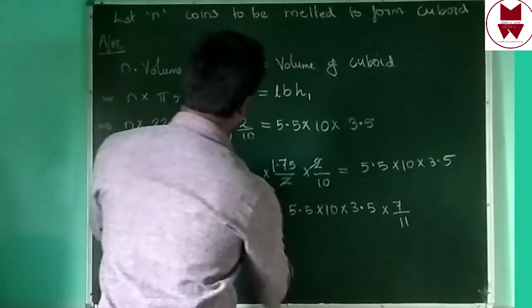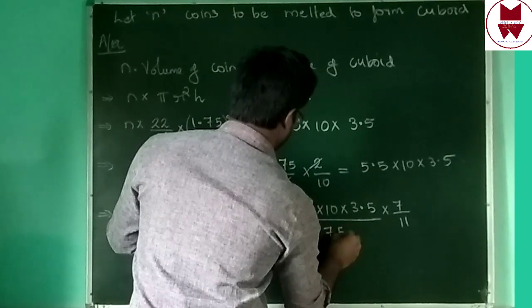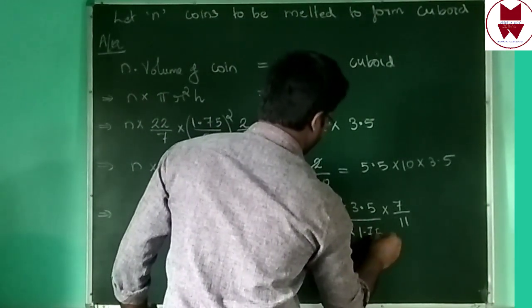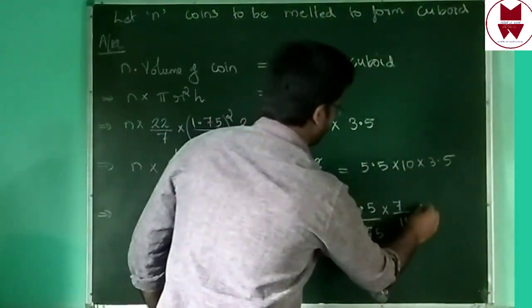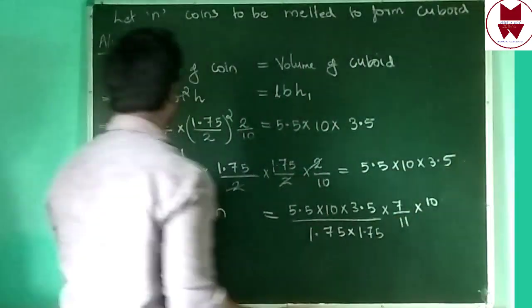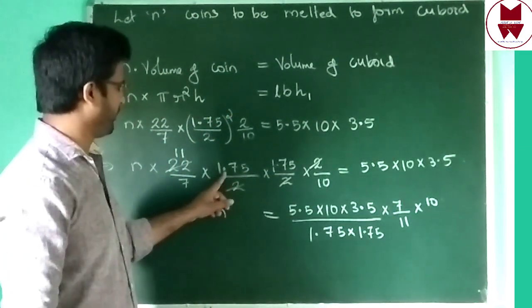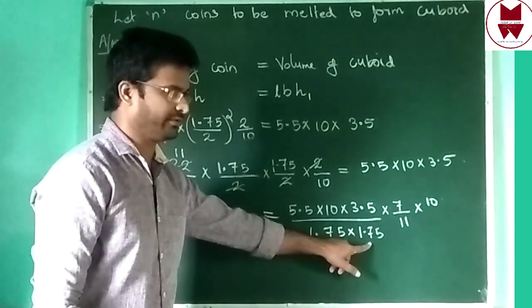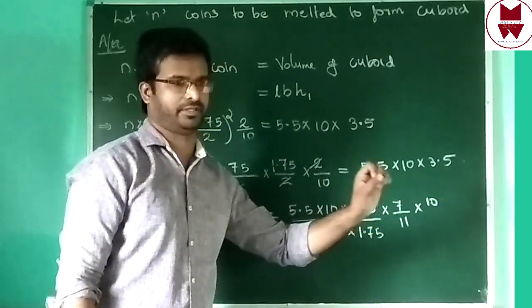Then this 1.75 we can write as divide by 1.75, and here also one more 1.75. This 10 will come upside. Keep in mind I wrote 11/7 as 7/11, then 1.75 downside, this 1.75 also downside. This 10 brought to the right side will come upside, the numerator part.